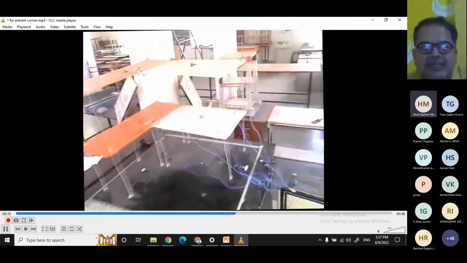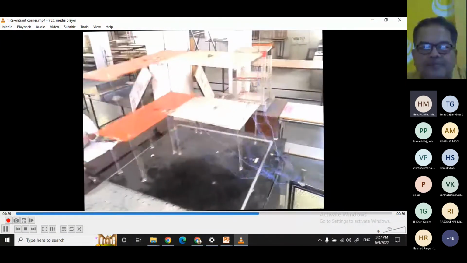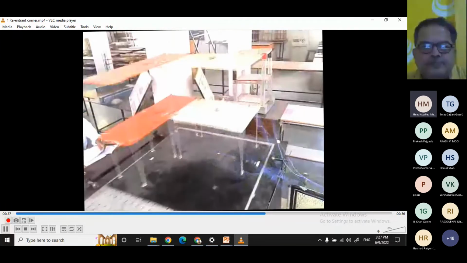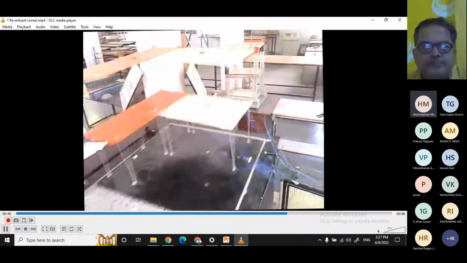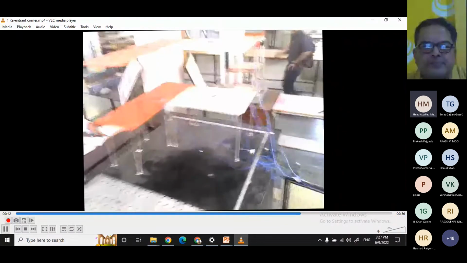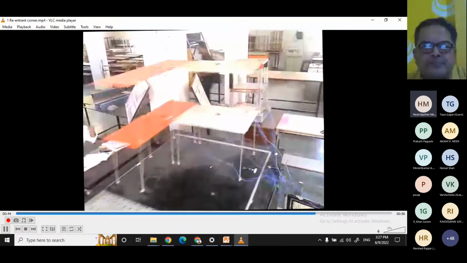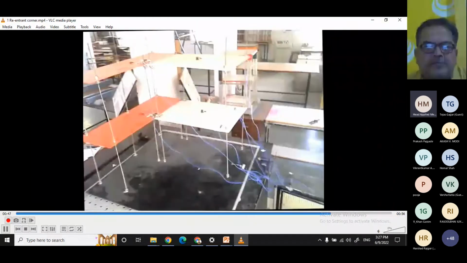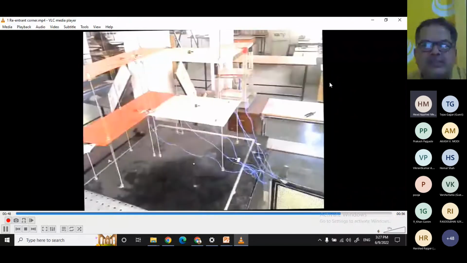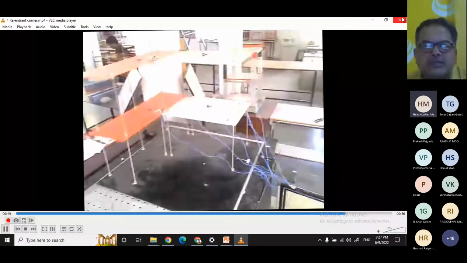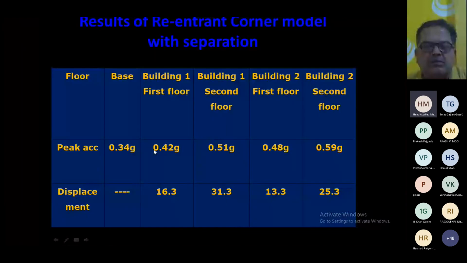Both will behave in a different way. So this is the torsion we have, right? And these are the results we get: peak acceleration, displacements, right?